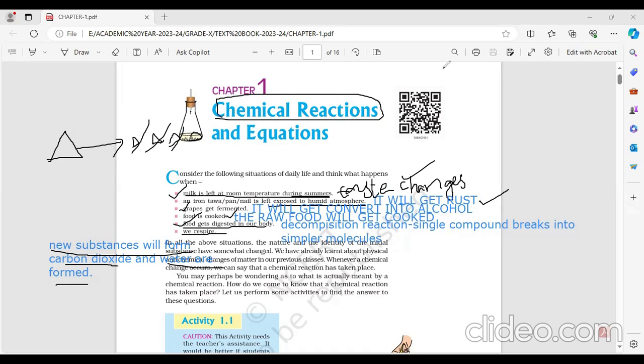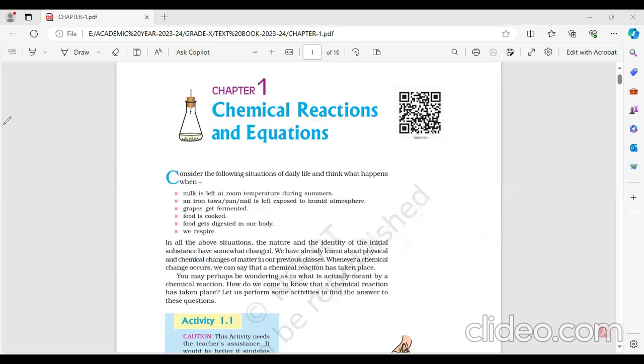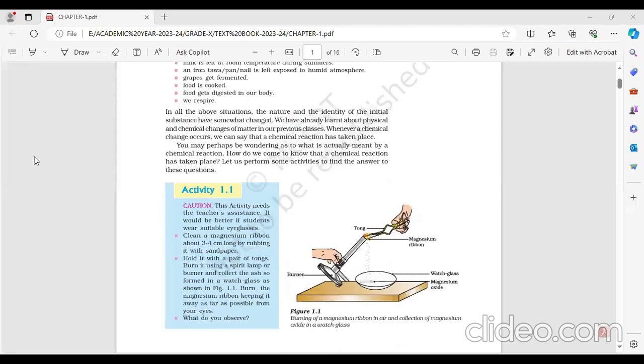Okay, so these are the points that you should remember from this first page. Next one: in all the above situations, the nature and identity of the initial substances have changed. Suppose you take iron. It looks very shiny before it gets rusted.